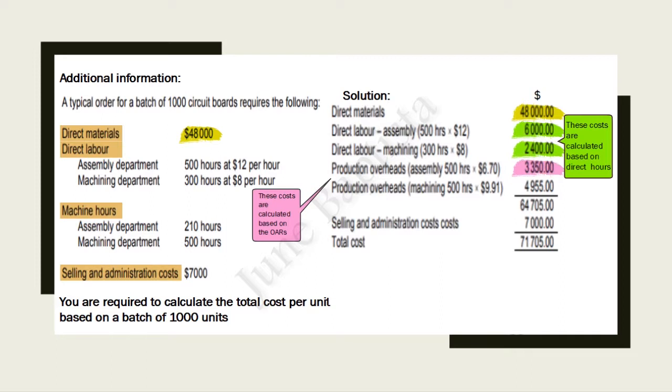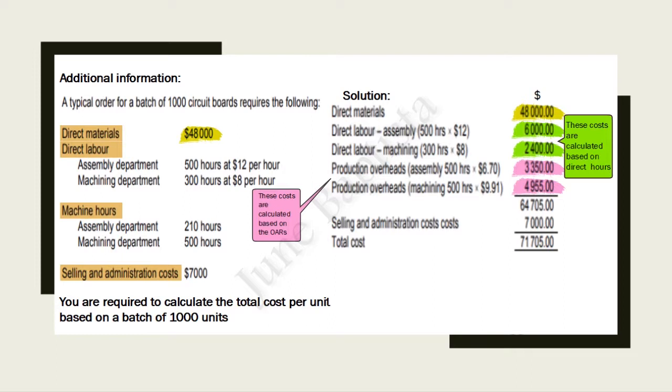The production overheads for the machining department, we will take machine hours, which is 500 hours, times the OER calculated in the last slide of $9.91 to give you a total of $4,955.